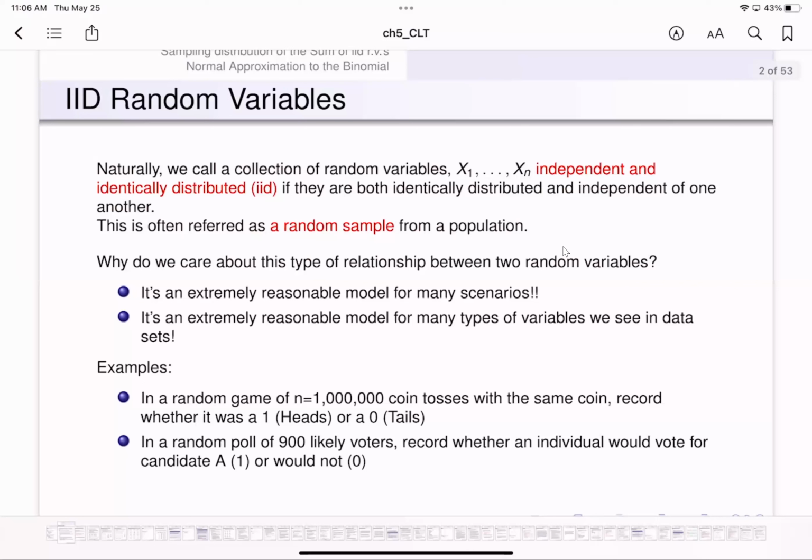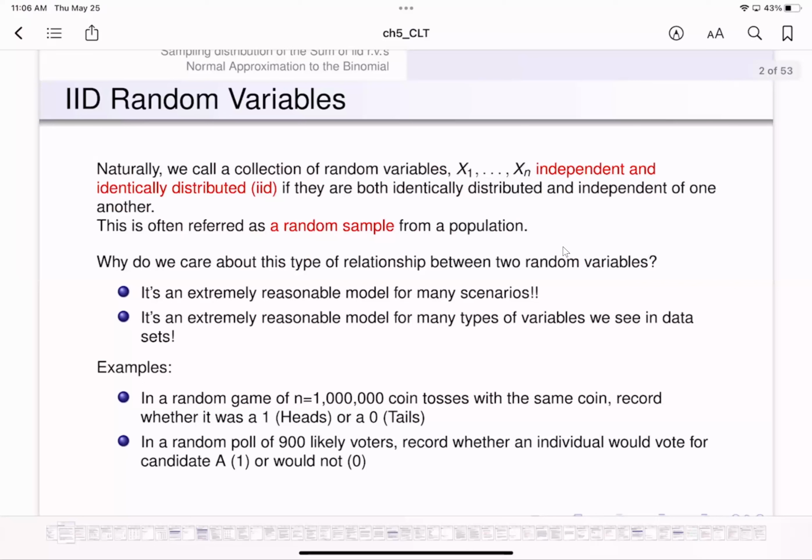In that case, you have to be careful. But quite often, assuming the data is a random sample is a very reasonable assumption or model to proceed with. But it does not apply to all situations.